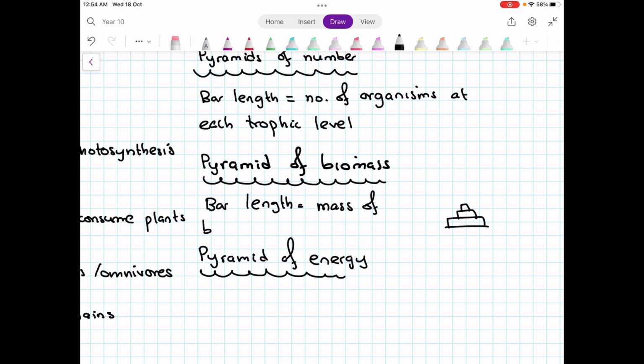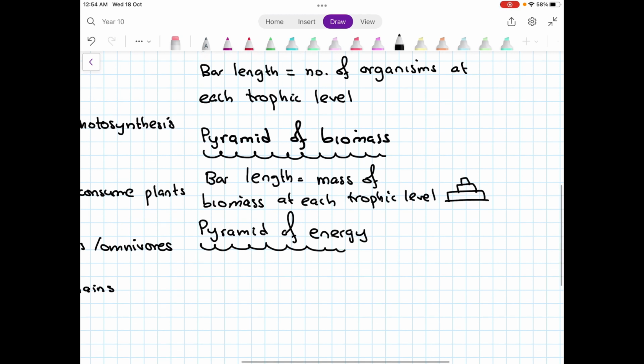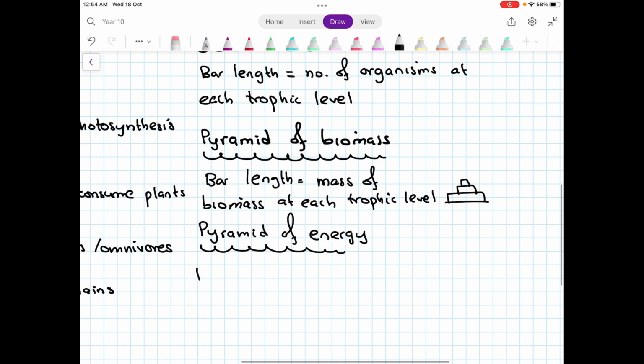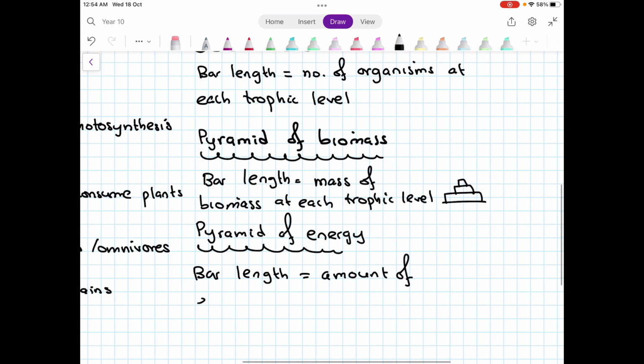So over here, bar length is proportional to the mass of biomass, or amount of biomass at each trophic level, and in pyramids of energy, the bar length is proportional to the amount of energy available at each trophic level.